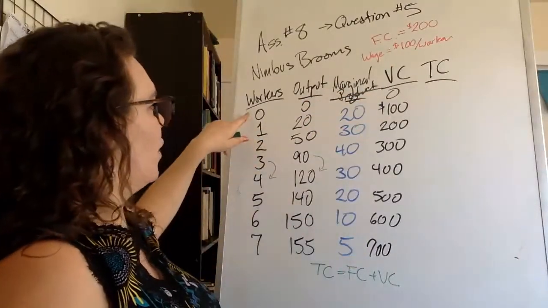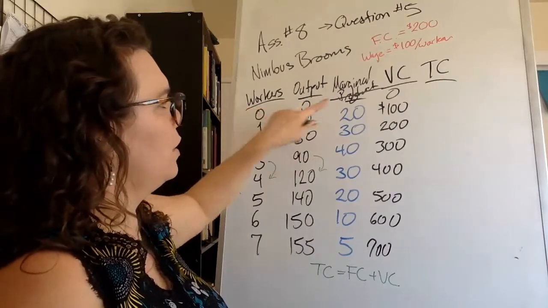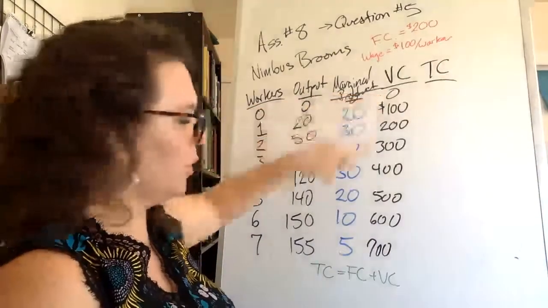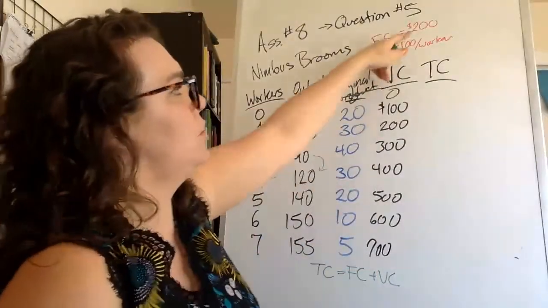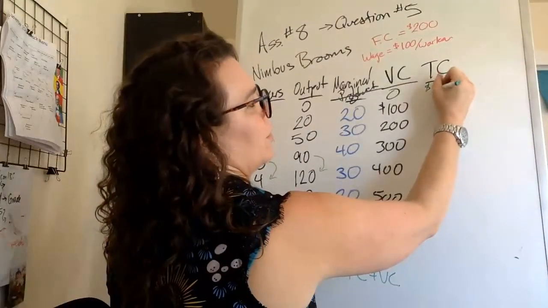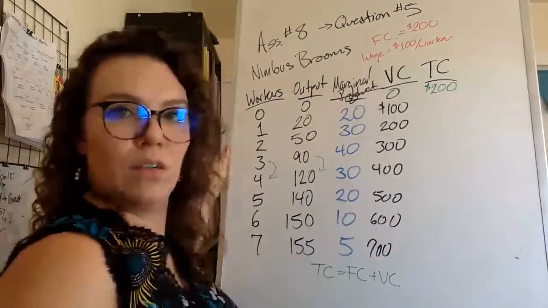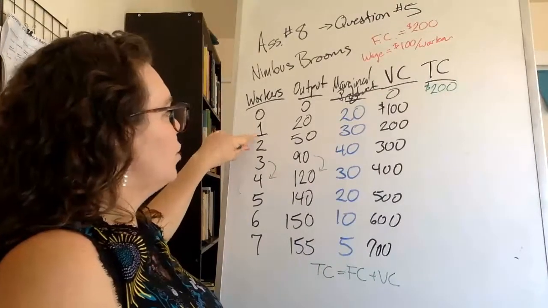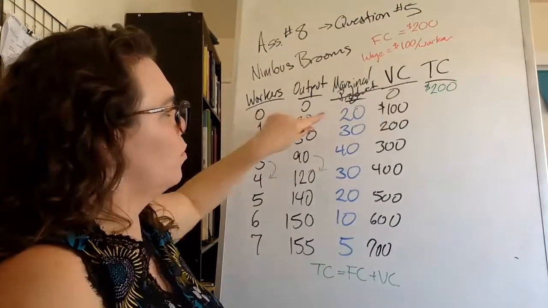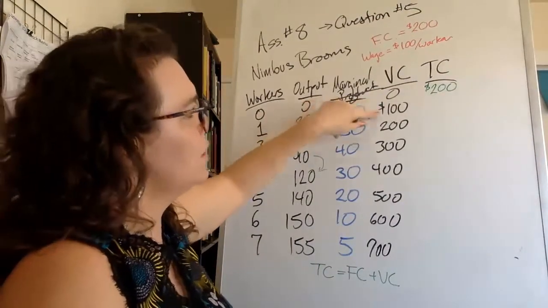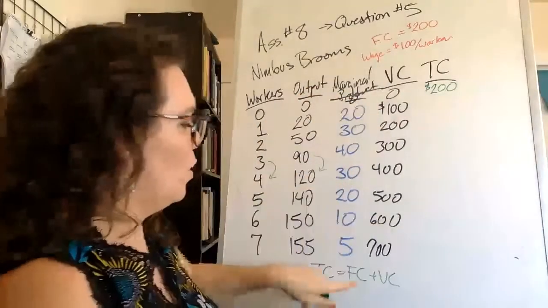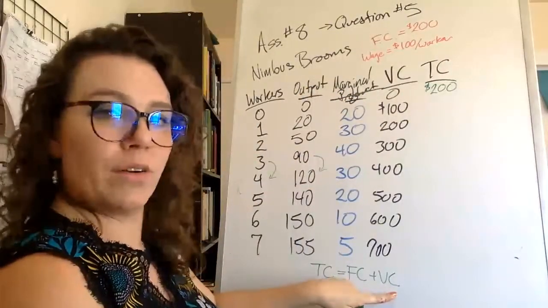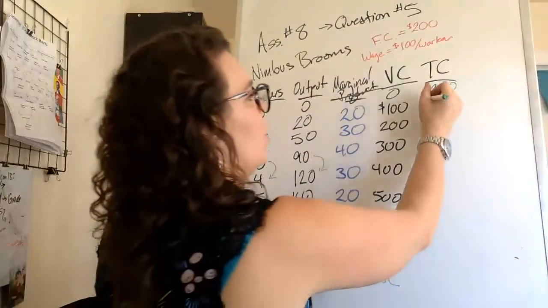So we start out with 0 workers, 0 output, and 0 variable cost. So our total cost is 0 plus 200, or $200. Our first worker produces 20 brooms, which is a marginal product of 20, and costs us $100. So $200 plus $100 gives us $300.